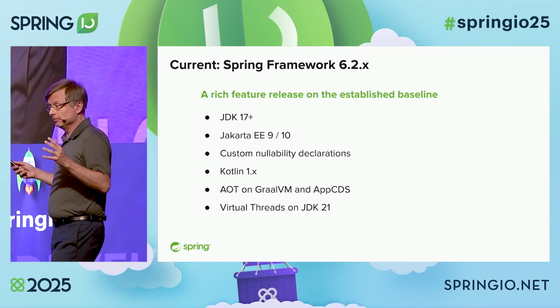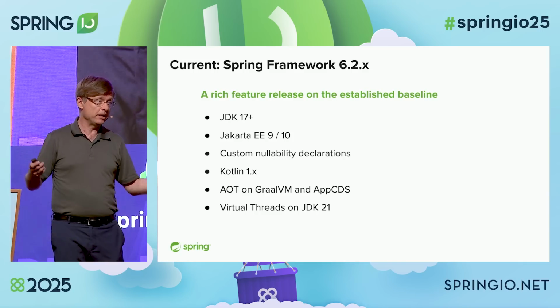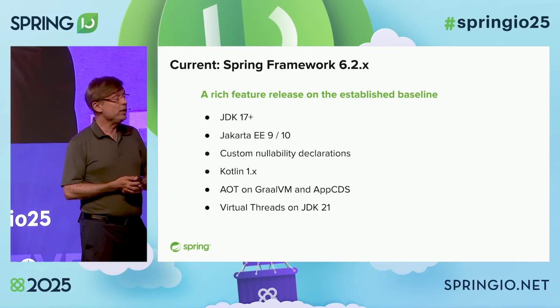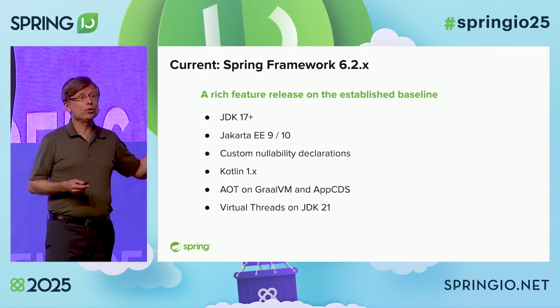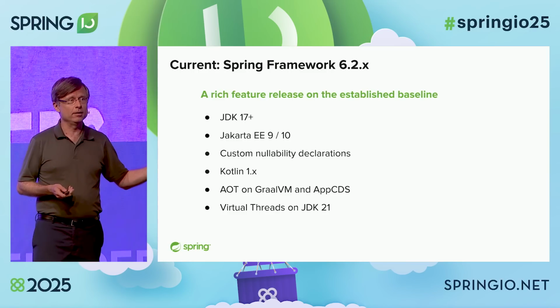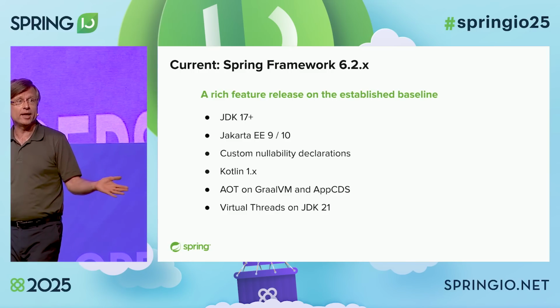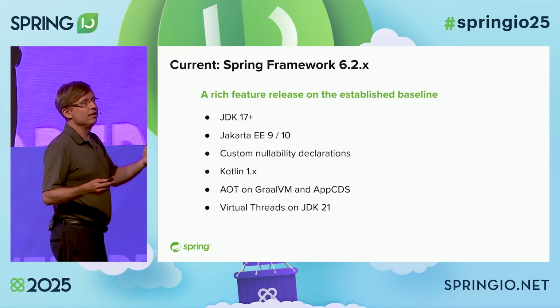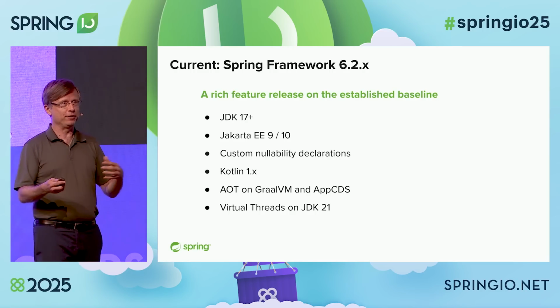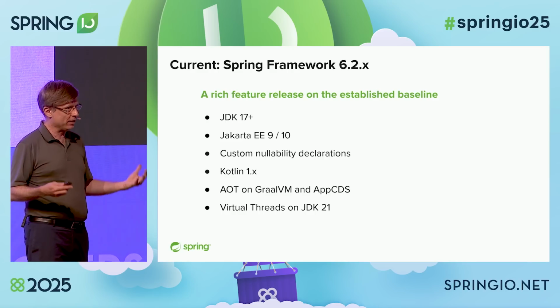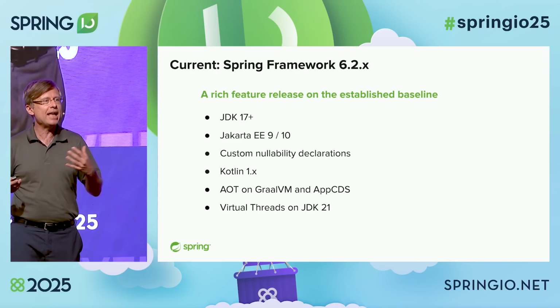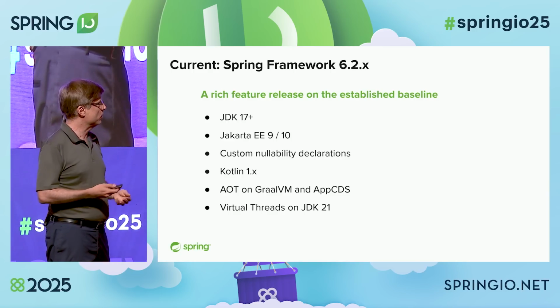We had a strong theme, GraalVM native image support, Spring AOT support in Spring Framework 6. And we did pick up the virtual threads topic midline in Spring Framework 6.1 when JDK 21 came out. So our major generations are not an exclusive way of delivering major new platform features. We do them whenever they need to happen. This can be midline, and in this case it was in 6.1.